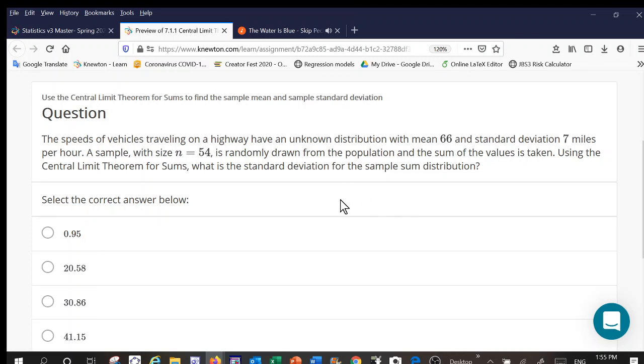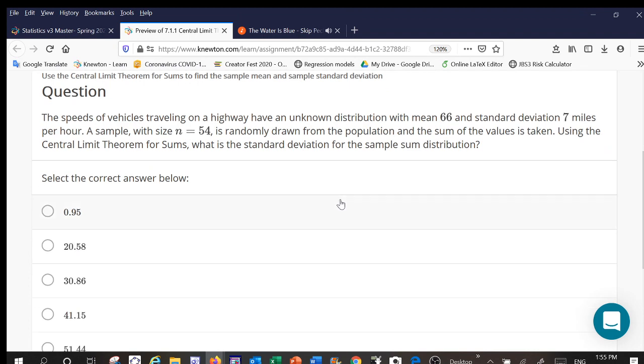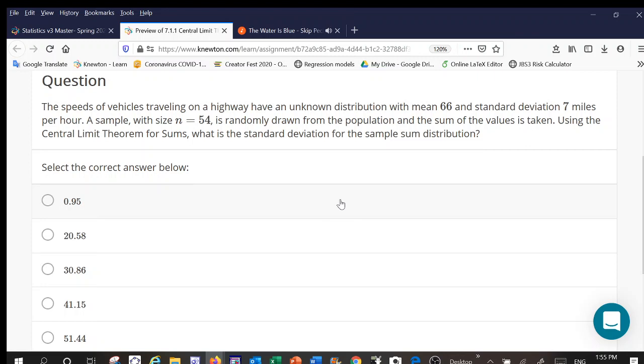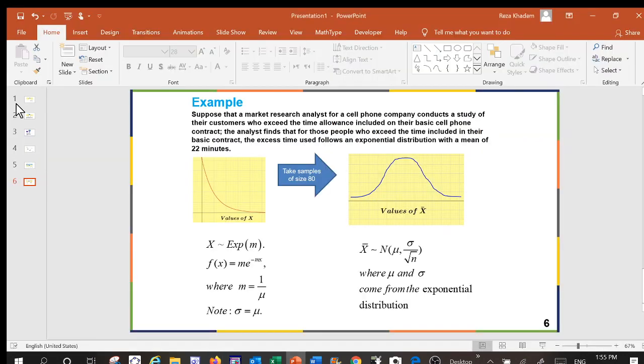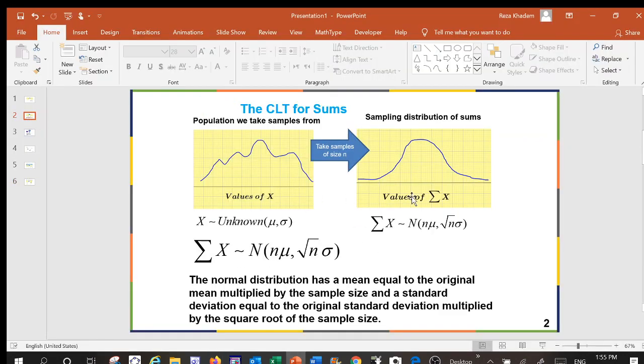So we have to look at the basic ideas we talked about and see which one of those formulas actually works here. It looks like it is this formula here, because we're talking about the sums.